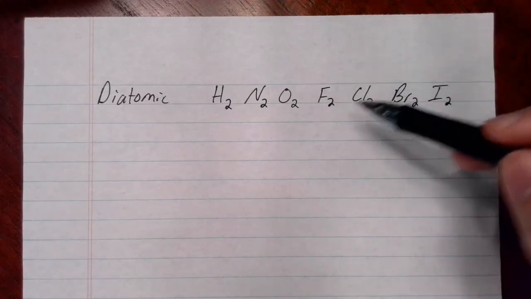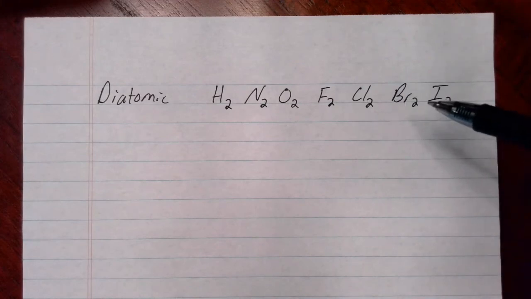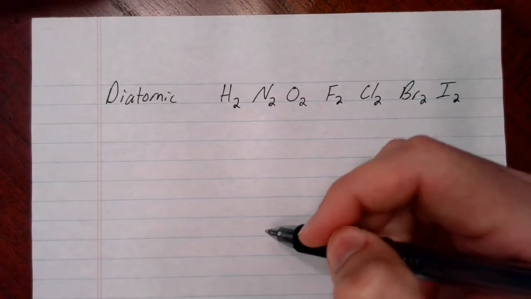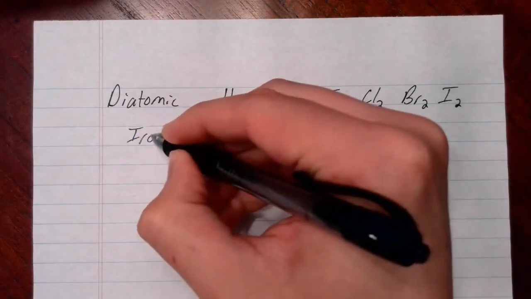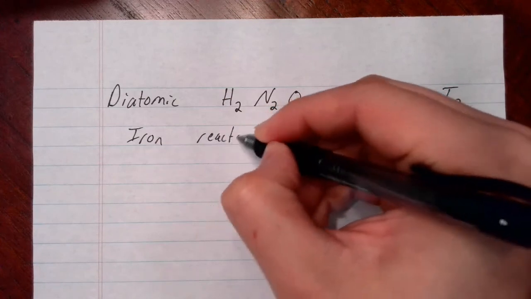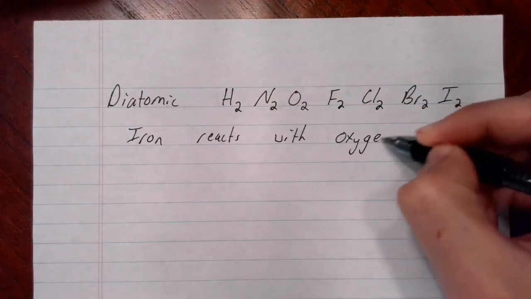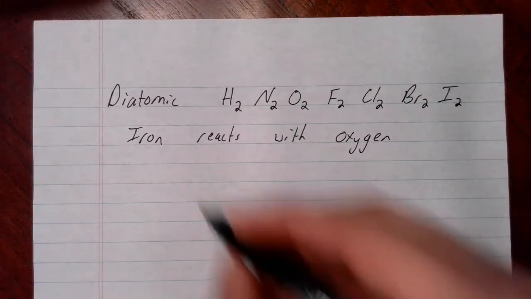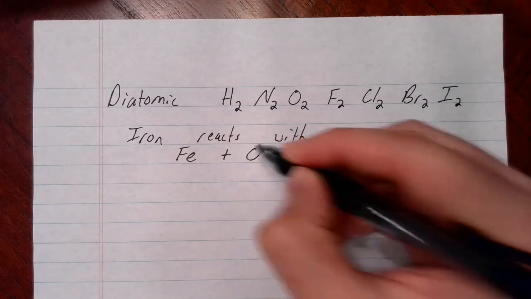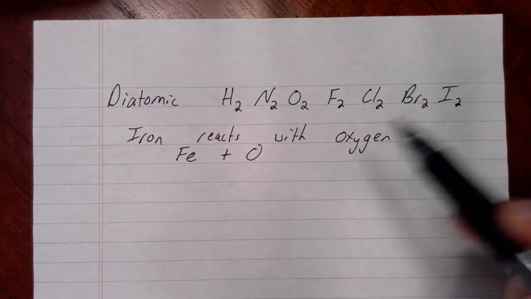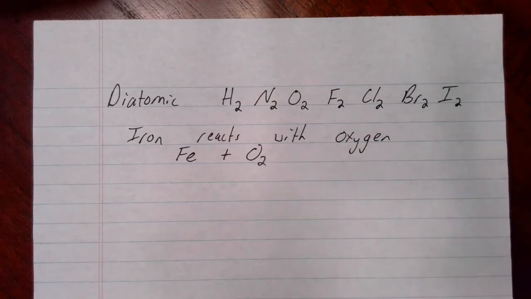I know we've talked about this, but I haven't really shown you an example of where this comes up. So let's think about where this might be observed. Let's say I have written out in words, iron reacts with oxygen. I could write Fe plus O, but because oxygen is one of the special diatomics, it's always going to be O2 there.